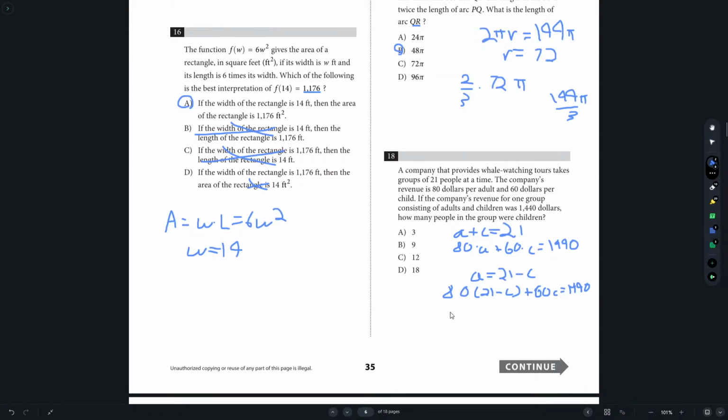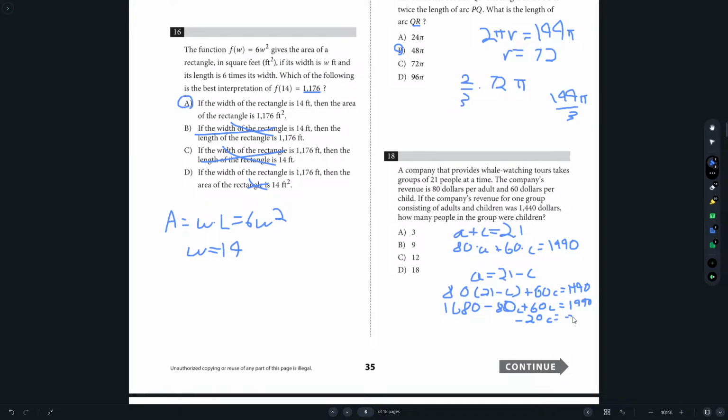That gives us 1,680 minus 80C plus 60C is equal to 1,440. Combine like terms, you get negative 20C is equal to 1,440 minus 1,680.